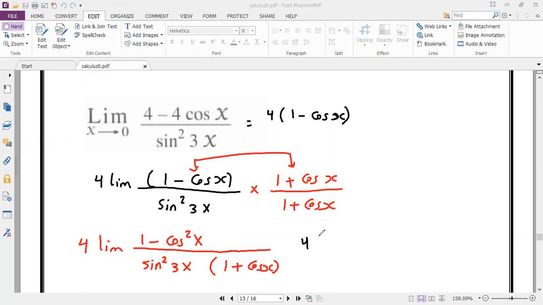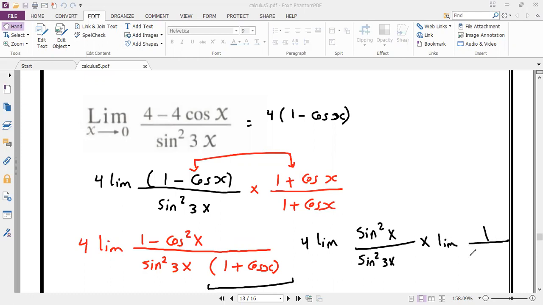So write 4 as is, limit of sine to the power of 2x divided by sine to the power of 2 3x, and we can write this one here as a limit, multiplied by the limit of 1 over 1 plus cosine x when x tends to 0.